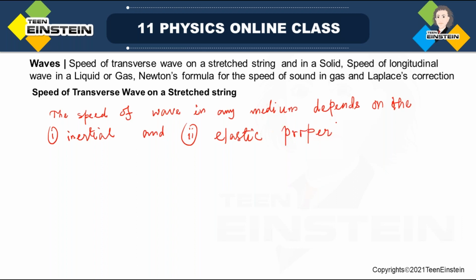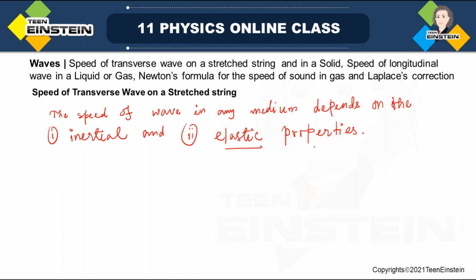So these two properties are important because these properties are actually defining the characteristics of the medium. Inertial property, let me write again. Inertial and elastic properties.